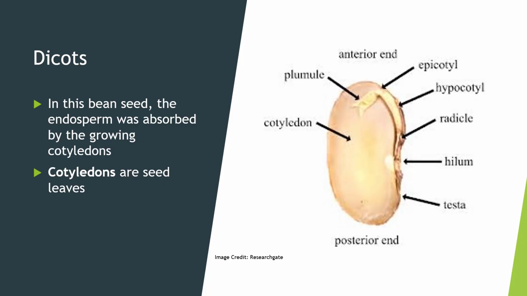For dicots, we call them dicots because the growing seed will produce 2 seed leaves, also known as cotyledons. And those growing seed leaves will generally take up all of the endosperm in the seeds, especially with beans and peas. The endosperm gets taken up by the cotyledons, which will now contain all of the nutrients for the growing young embryo.